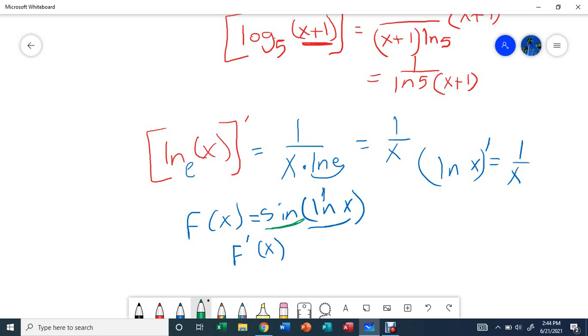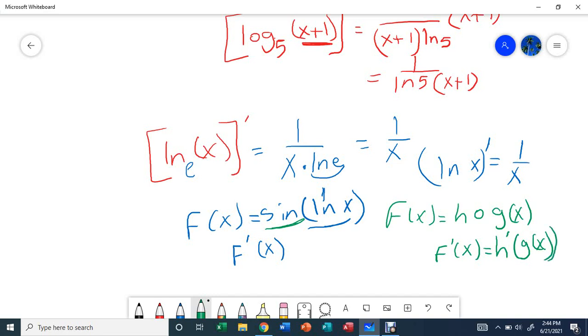If f is a composed function, f of x, a composed function of h composed with g of x, the chain rule says if you want to find the derivative of f, which is f prime of x, it's just gonna be h prime applied to g of x times g prime of x.